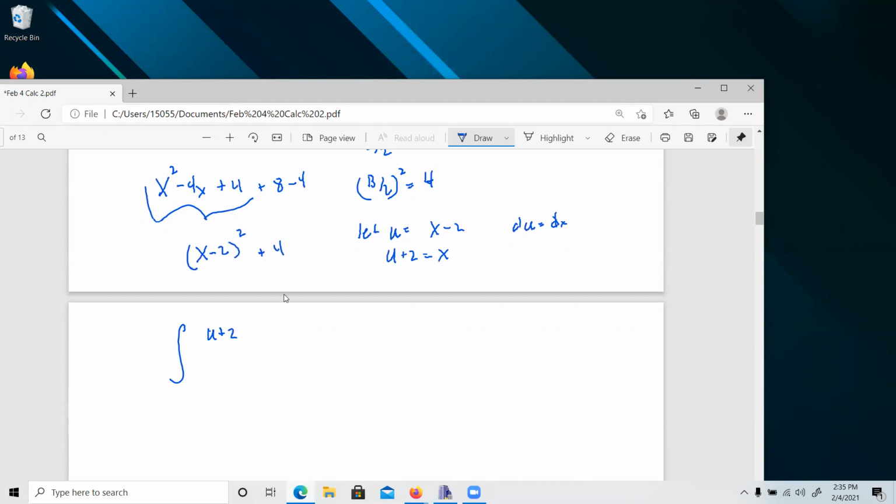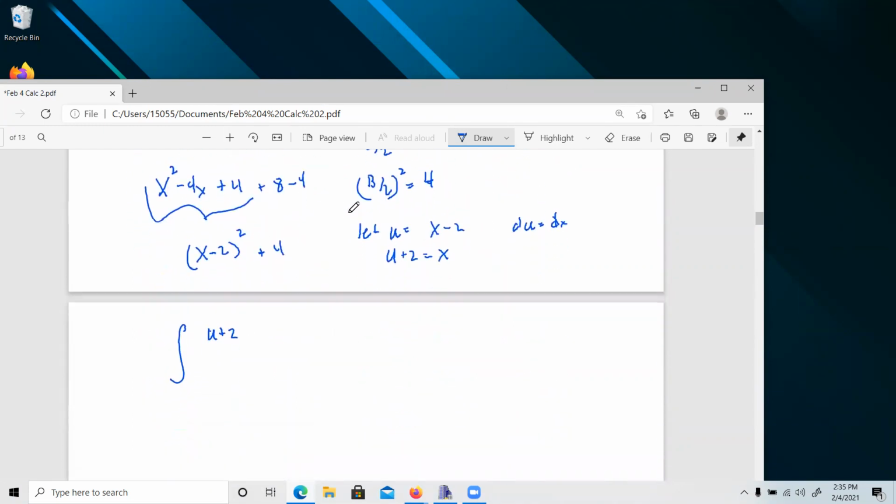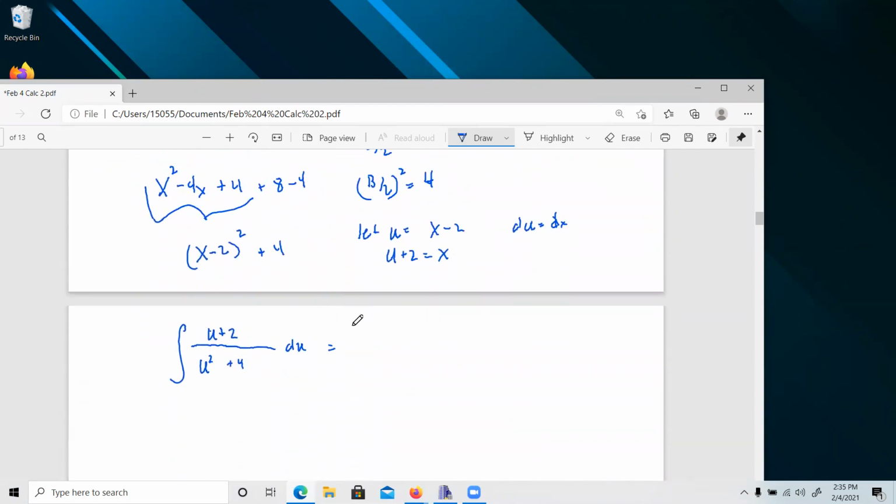Notice this 2 is really this 2. And this is divided by u squared plus 4 du. Excuse me. All right, so that's all the fun that we're going to have there. So we are effectively still back in this spot. It looks a little nicer here.